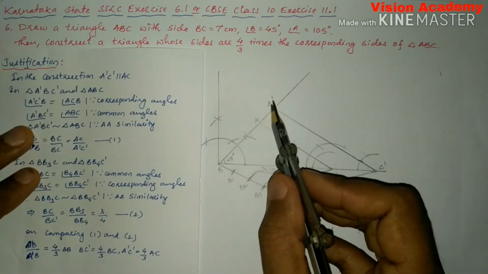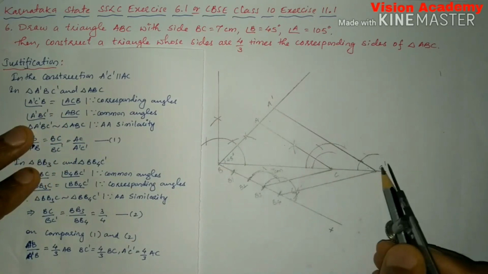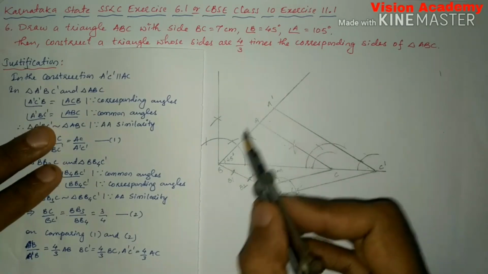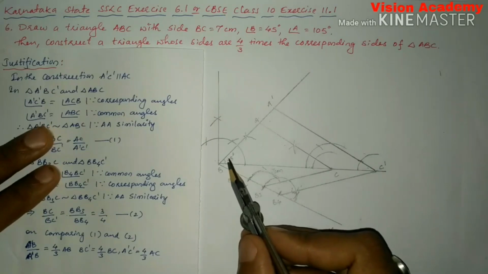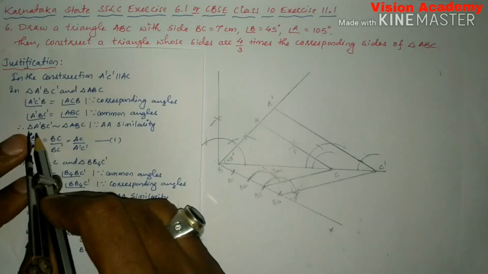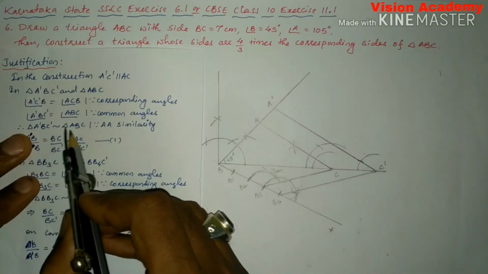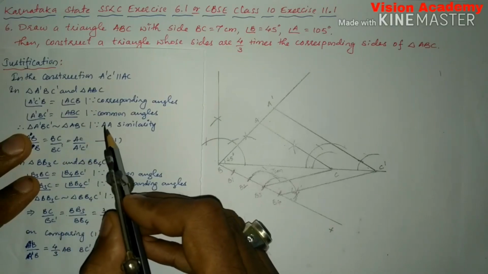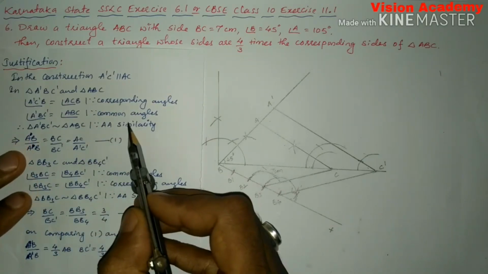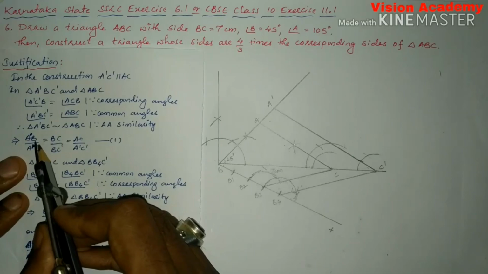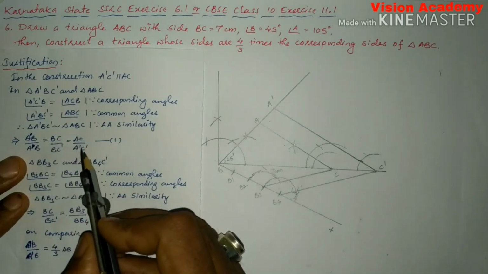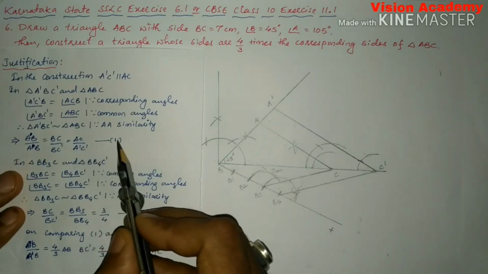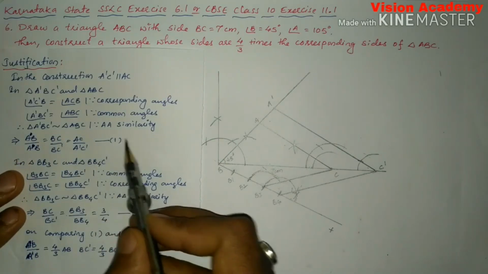Now angle A dash B C dash is equal to angle ABC because B is the common angle. Therefore triangle A dash B C dash is similar to triangle ABC by the angle similarity criterion. So this implies AB by A dash B is equal to BC by BC dash is equal to AC by A dash C dash. Let us consider this as equation number 1.